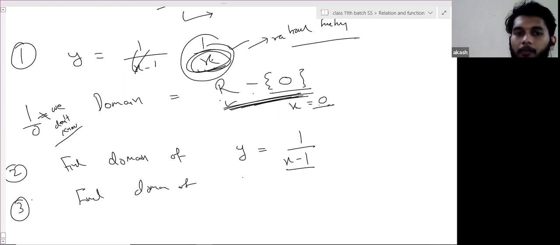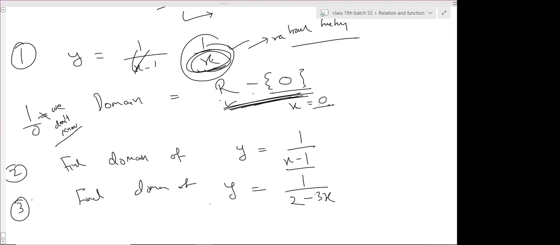Find the domain of y equals 1 upon 2 minus 3x. Solve this one. All real numbers except 2 by 3. Sure about that?